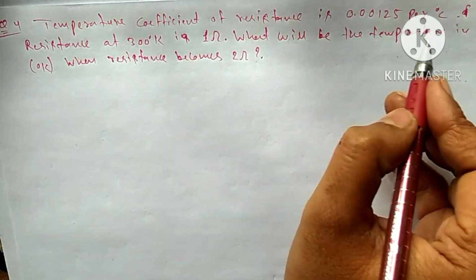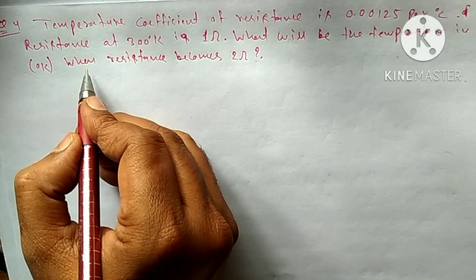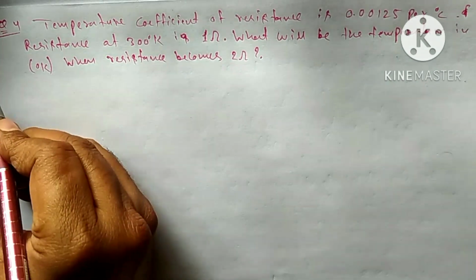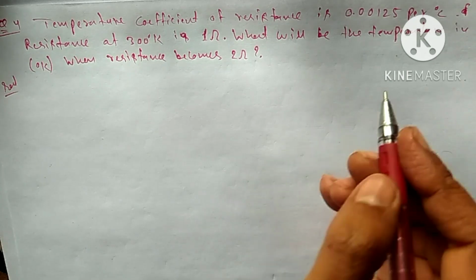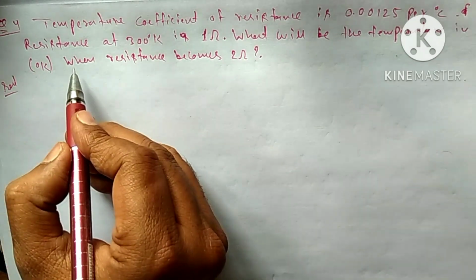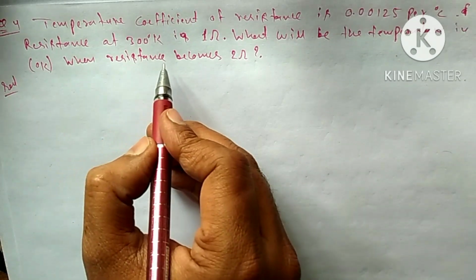Then what will be the temperature when the resistance becomes 2 ohm? Here the question is finding what the new temperature will be, when the resistance becomes 2 ohm.